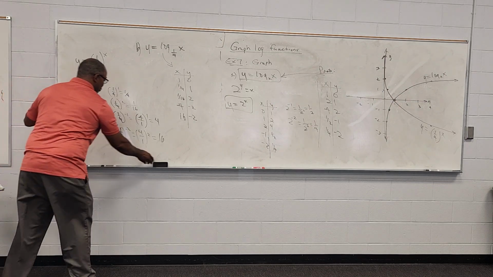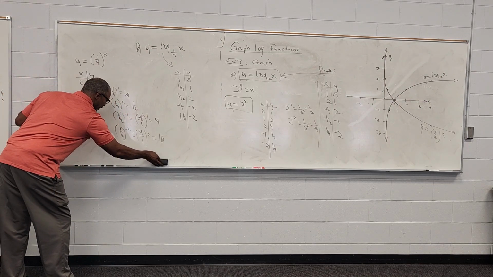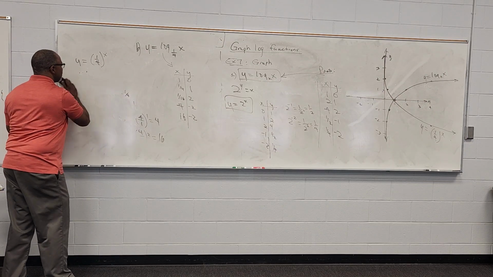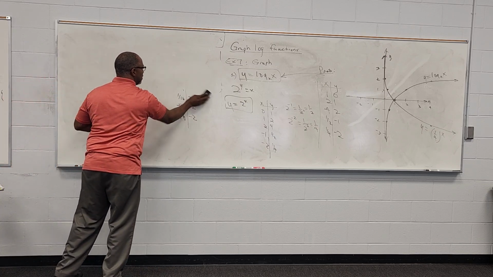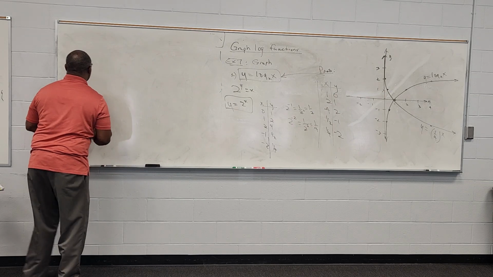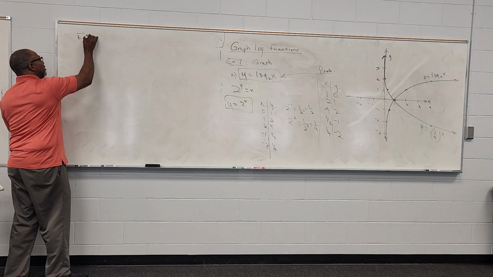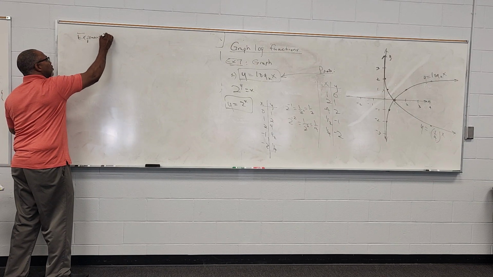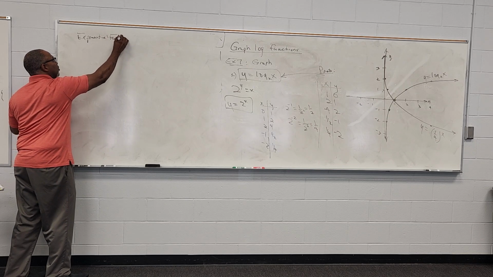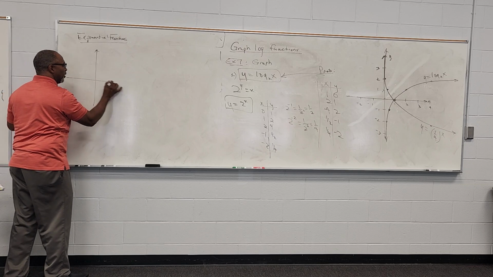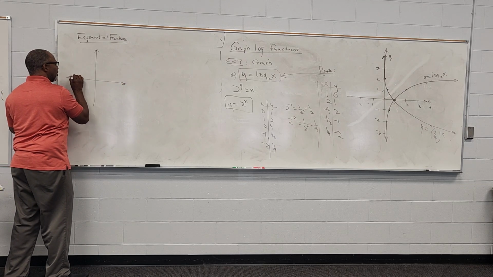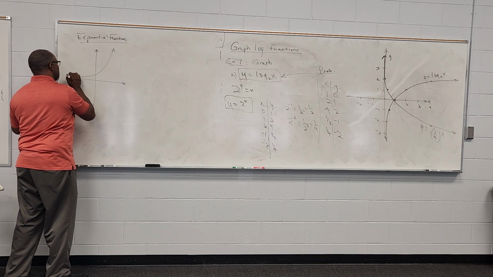So let's just recall when we looked at the last section, these exponential functions. When we did those graphs, and we had all these nice properties, we said all exponential functions will either do this.